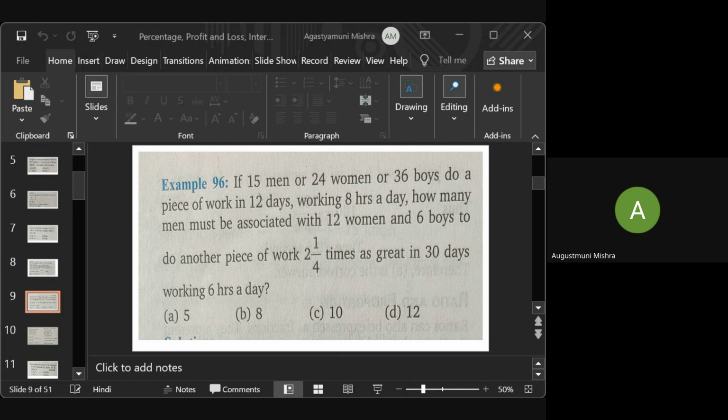You can unmute yourself if you find the answer.